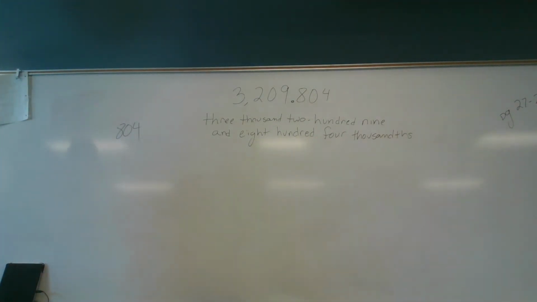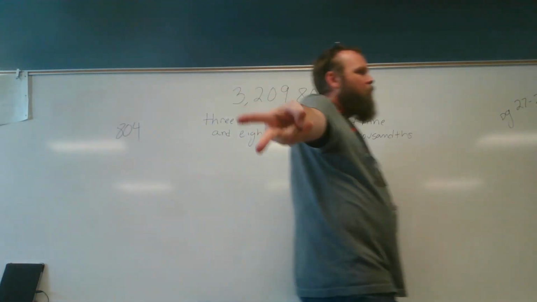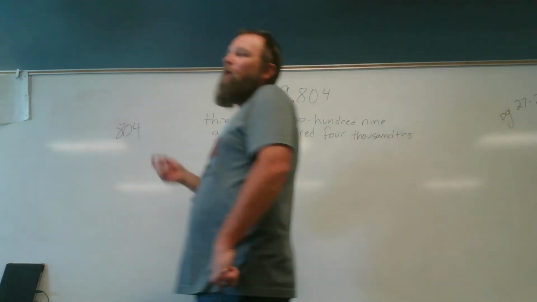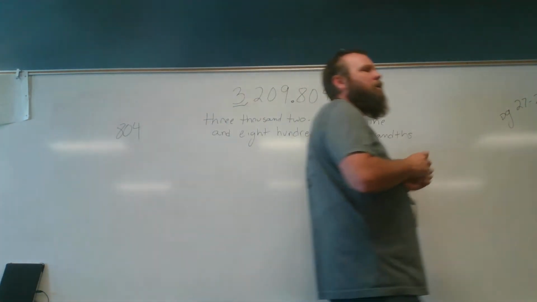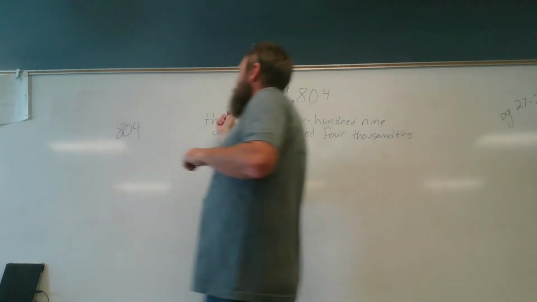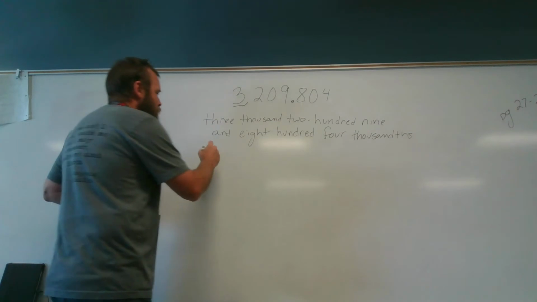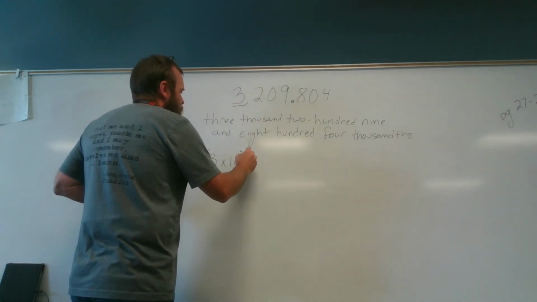Now we have to talk about expanded form. Expanded form happens in two different ways. You need to know both of those ways, which means we need to know the value of numbers and their place value. So let's go with Ryan. The 3 is in what place? Thousands. So to make it expanded form, I would go 3 times 1,000.